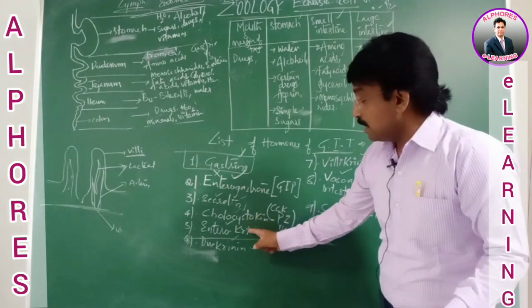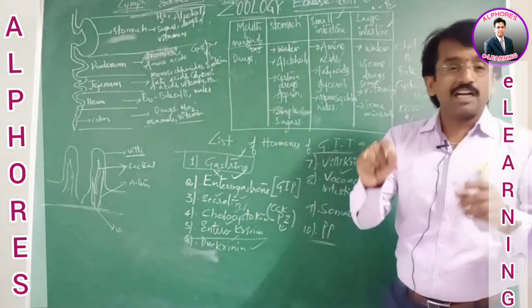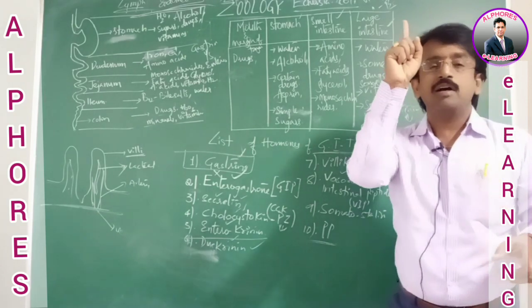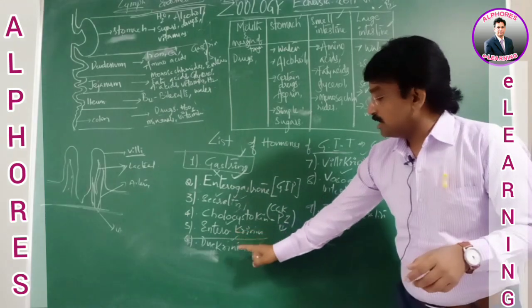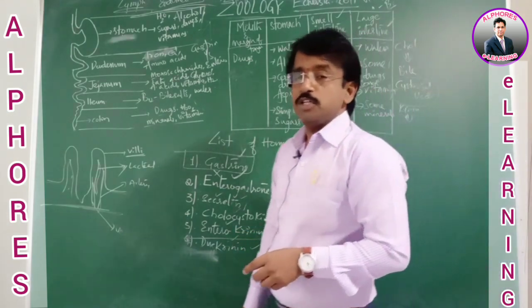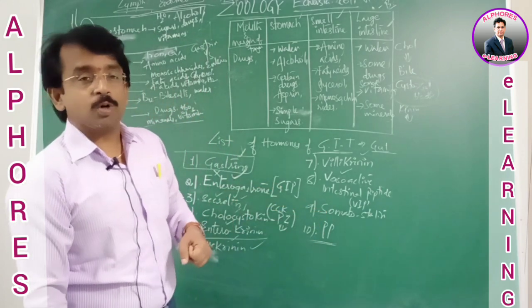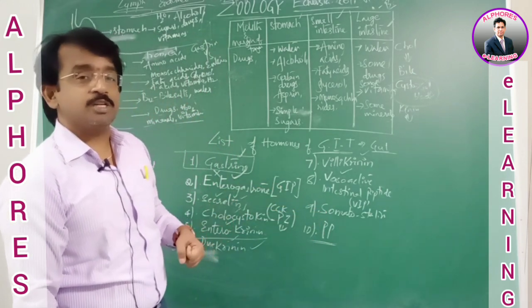The combination of the crypts of Lieberkühn secretion and the Brunner's gland secretion is the intestinal juice. So duocrinin stimulates the duodenal gland to secrete mucus, adding to the intestinal juice.